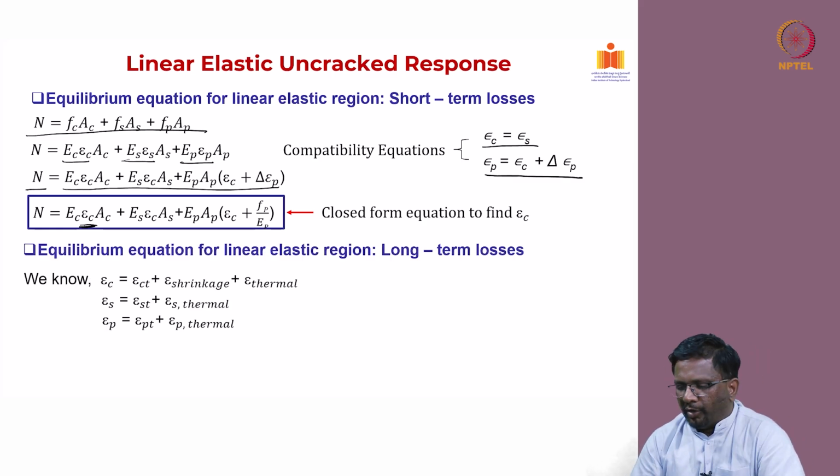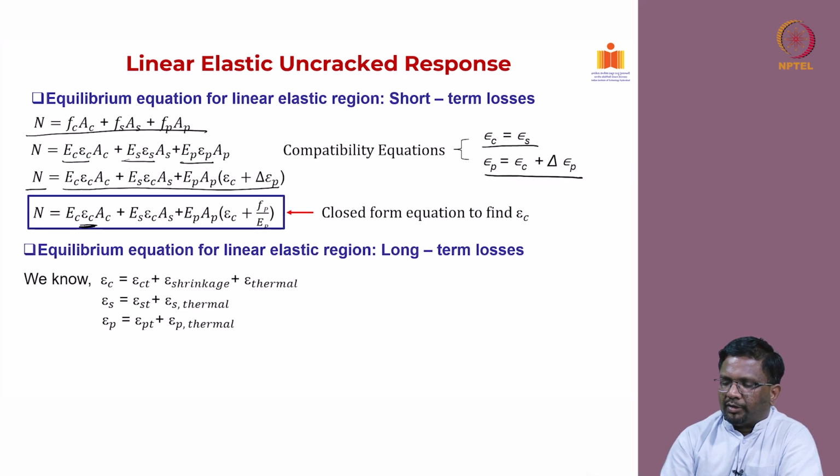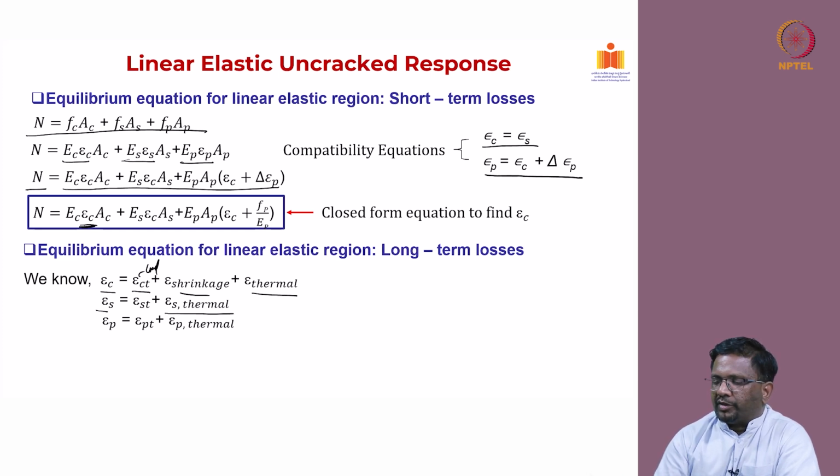Now, for long term losses, again in this equation we know that epsilon c comprises of load effect, and this is shrinkage, and this is thermal. Similarly, for normal non-prestressed steel, we consider only the thermal effects. For prestressing steel, we again consider the thermal effects.